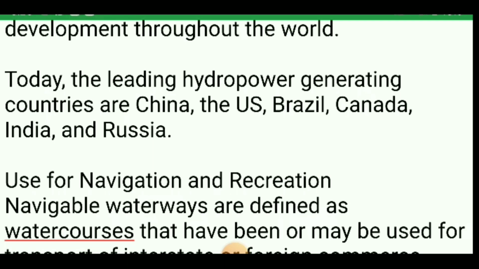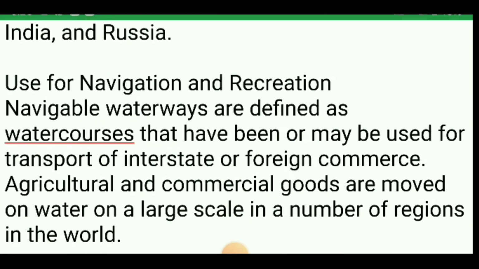Today, the leading hydropower generation countries are China, the US, Brazil, Canada, India, and Russia. Use of navigation and recreation.